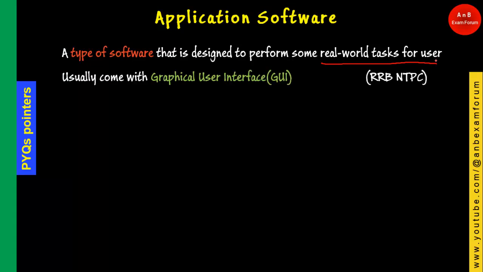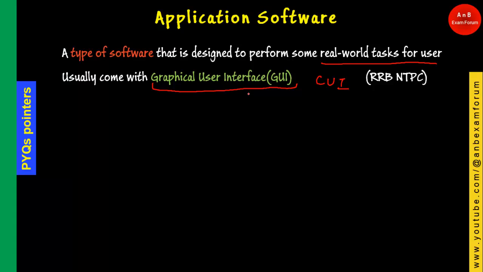And this application software usually comes with a GUI, that is graphical user interface. There are two types of interface, GUI and character user interface, CUI. GUI is user friendly, where you have a lot of icons and you can do whatever you want on the screen itself. There is no need to enter commands.